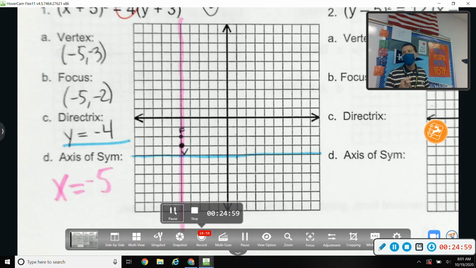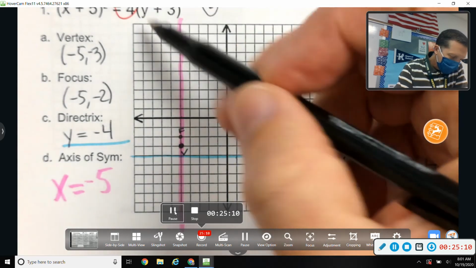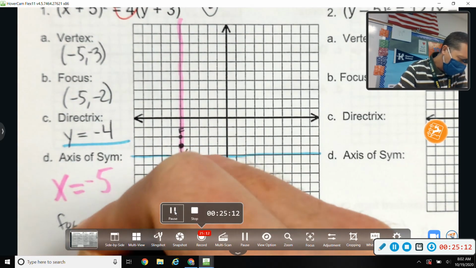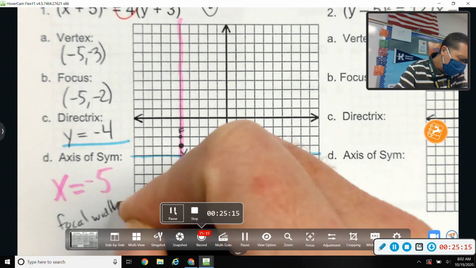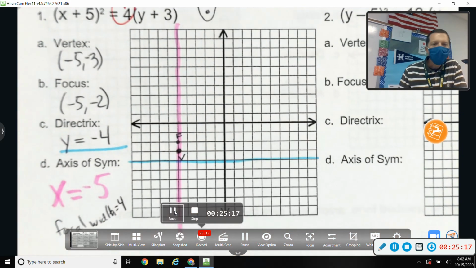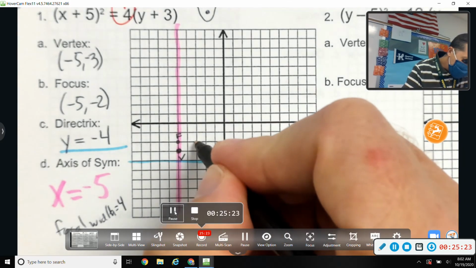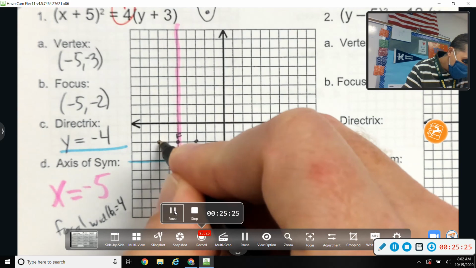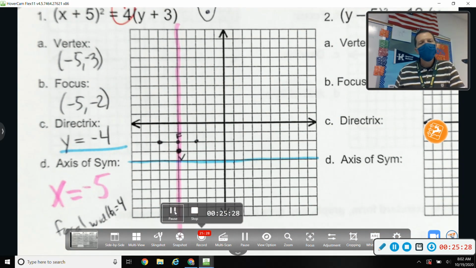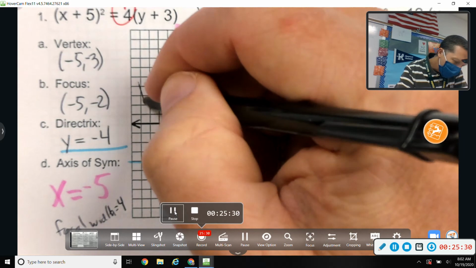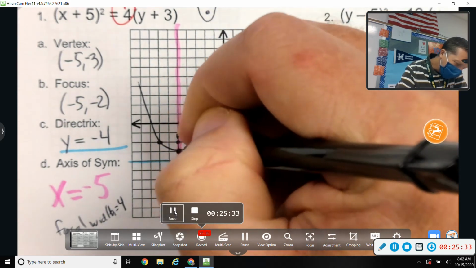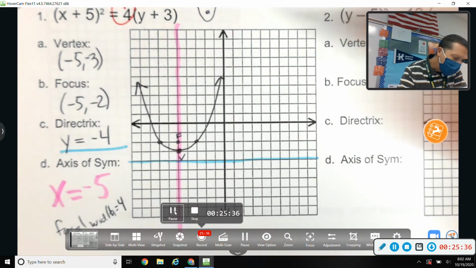That's the last part of the graph that I'll be checking when it comes to grading, making sure your focal width is correct, because that controls the width of the parabola. So I don't know, maybe I should have added that, but the focal width is 4, so I need to go 2 on either side of the focus. And then just as best I can, sketch in a parabola, something like that.